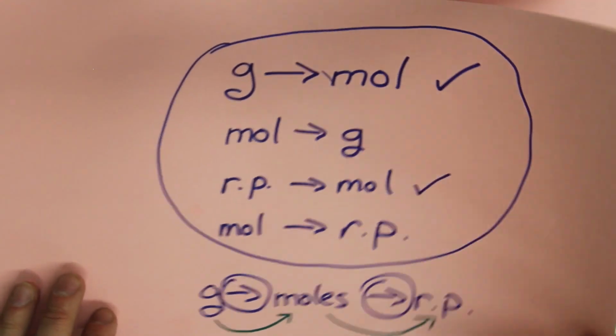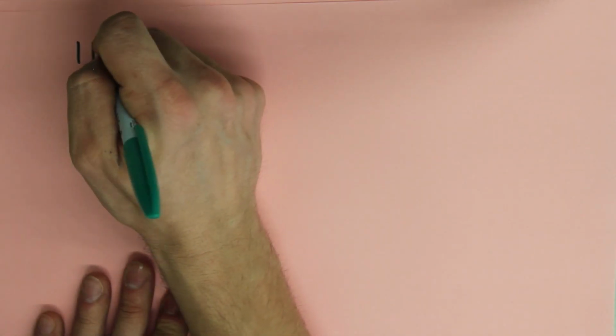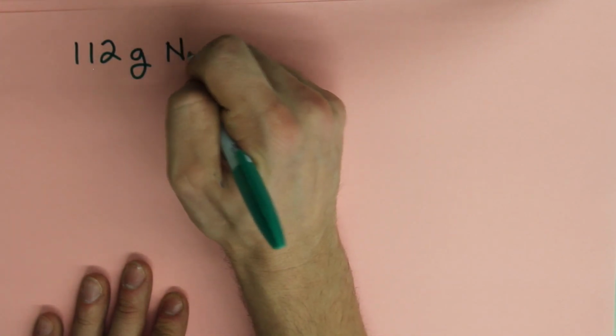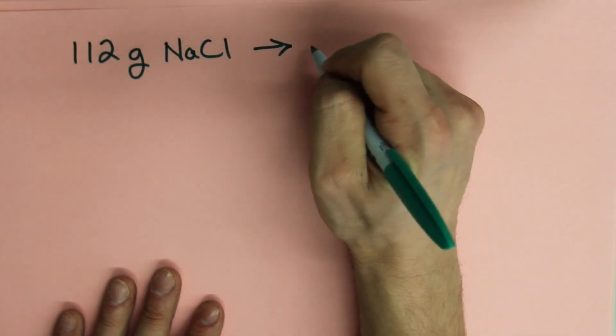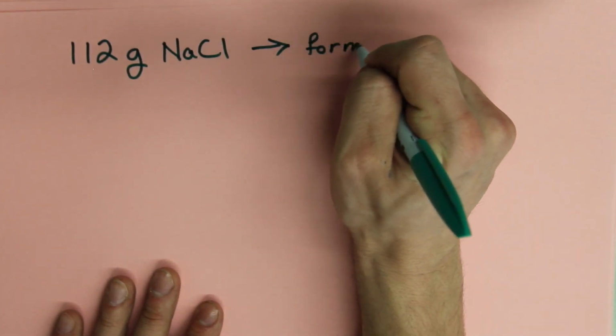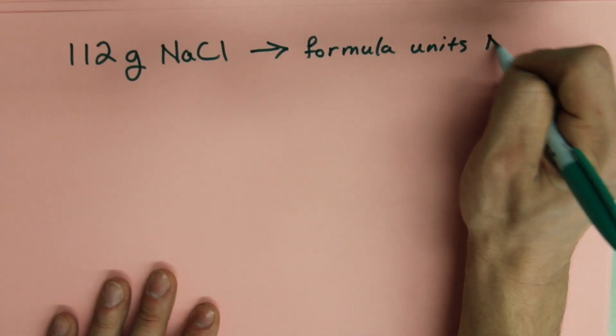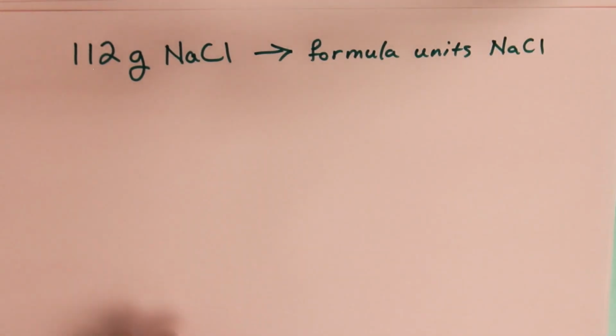All right, so let's try one like that. I'll make it somewhat easy. Let's say we have 112 grams of NaCl. And we want to go to formula units of NaCl.